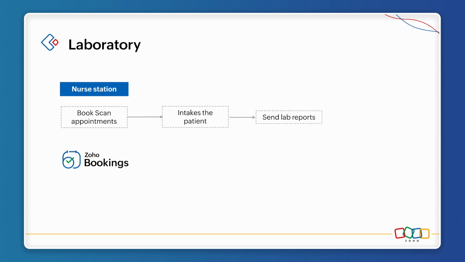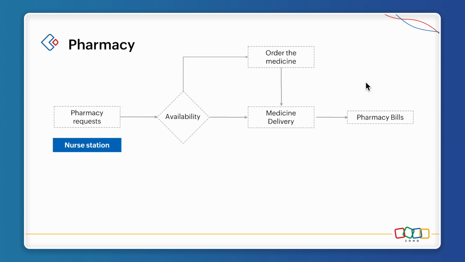So the lab people will send the results or the reports to the nurse station and they can share it with the patient. Once the lab reports are available, they will have to bill the information. So the bills that have been received for the scan and any other appointment will be billed under the patient here.